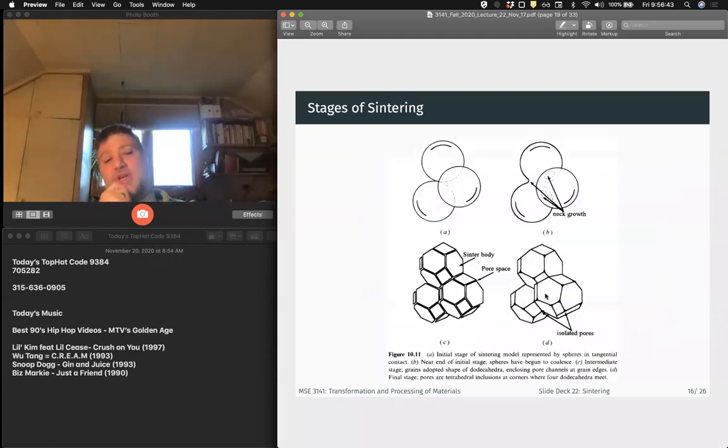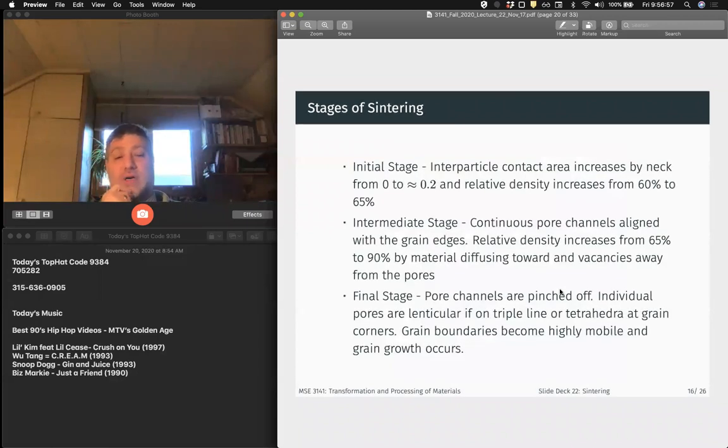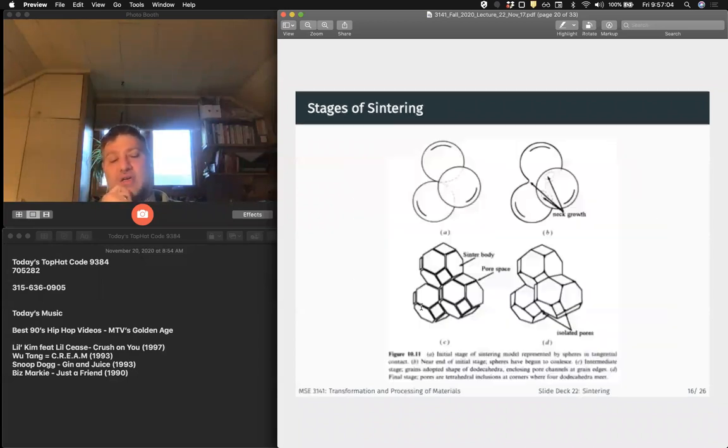So we don't pinch this off completely. Instead, here we end up with a little lenticular shaped pore or elongated pore that's still along this grain boundary. And at the corners, we have these tetrahedral type pores. Okay. It's at this point, this final stage, where these grain boundaries then become much more mobile, right? Because we're not essentially pinned by these pores anymore.